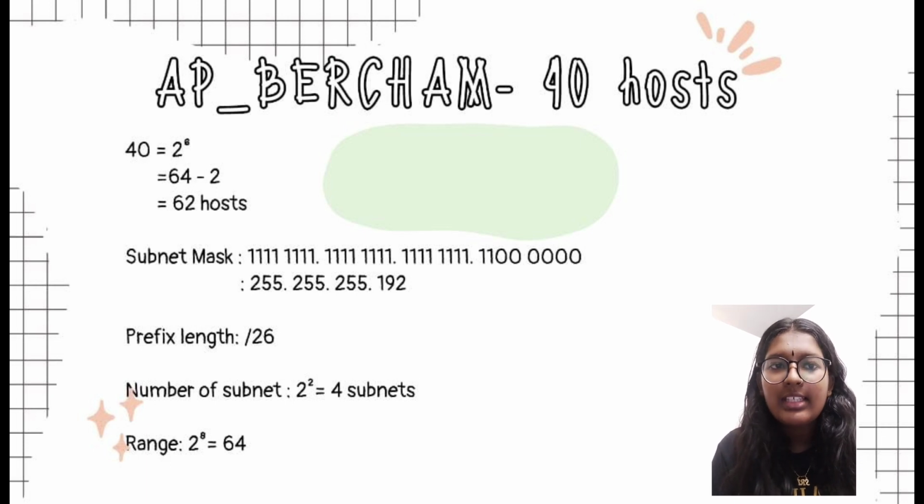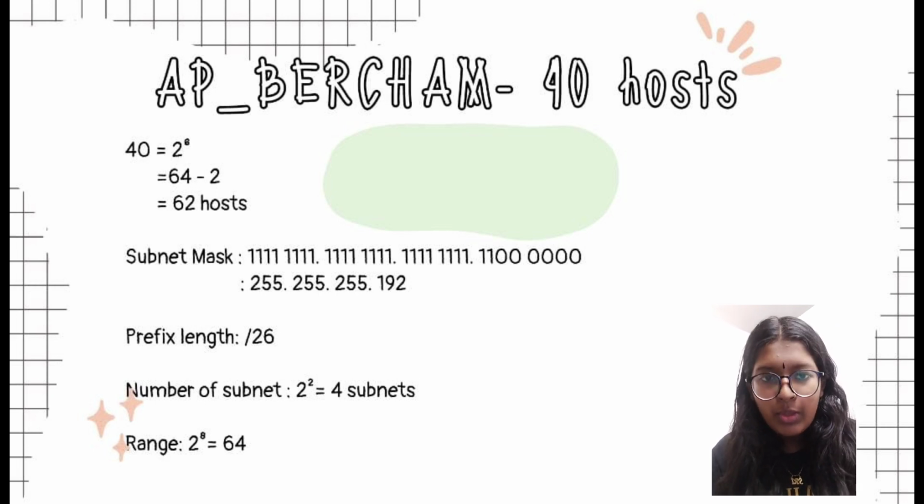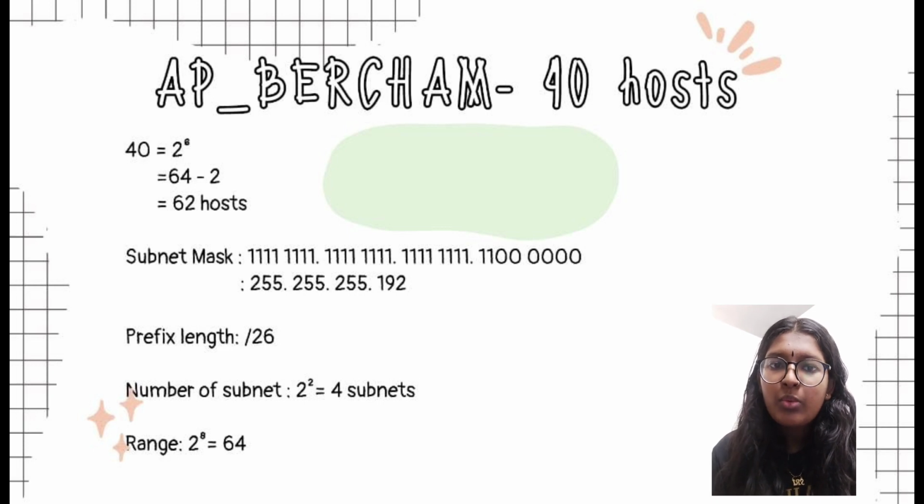Our next LAN is AP Bercham. It needs 40 hosts, so I take 2 power of 6, which equals 64 hosts, and I minus 2 from that. So we get usable hosts equal to 62. The subnet mask for AP Bercham in binary is 11111111.11111111.11111111.11000000, which is 255.255.255.192.